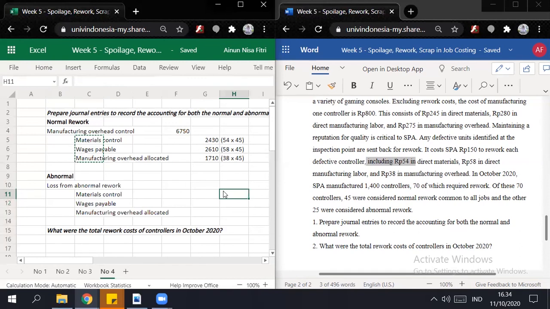Okay, so materials control is 54 times the total of abnormal rework, which is 25. For wages payable is 58 times 25. And for manufacturing overhead allocated is 38 times 25. Okay, so let's see the result.